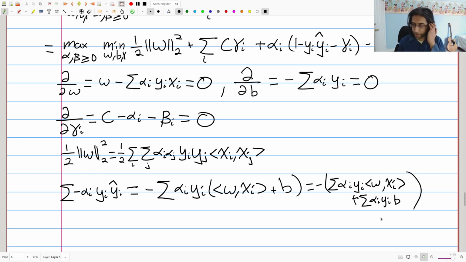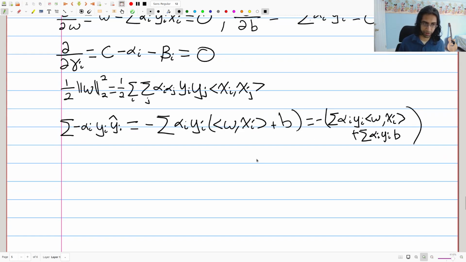Something like this. Now, recall that due to this condition, this term will go to 0. And this term, doing the same type of substitution, which we also did in the last lecture, can be rewritten as basically minus the same term here.